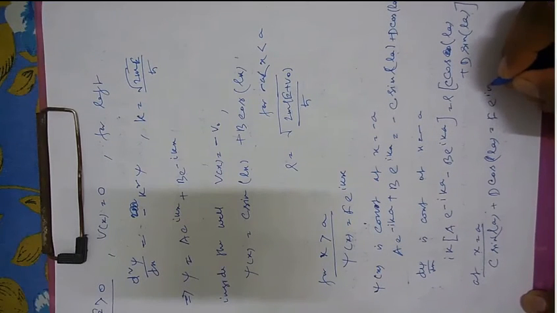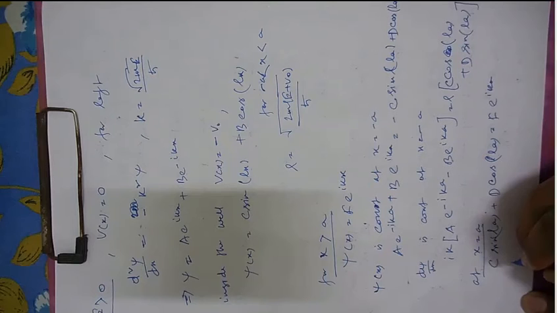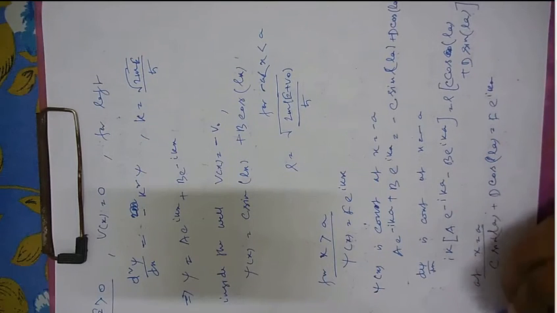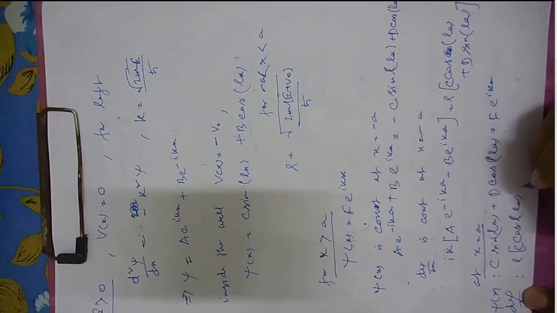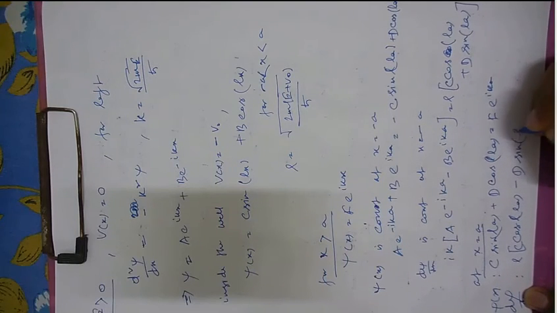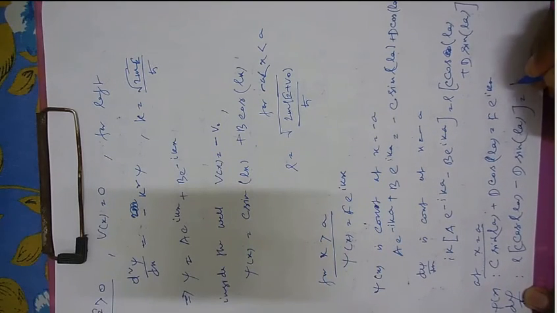equals f exponential ika. Again for d psi dx, it is for psi(x) and it is for d psi dx: l c cos la minus d sin la equals ik f exponential ika. Okay.